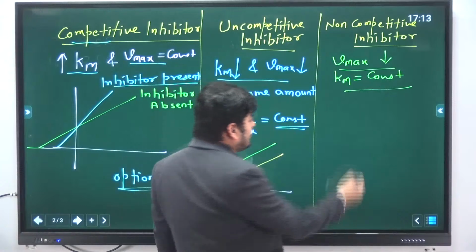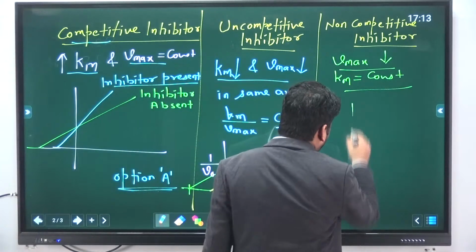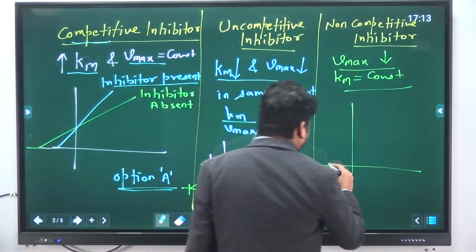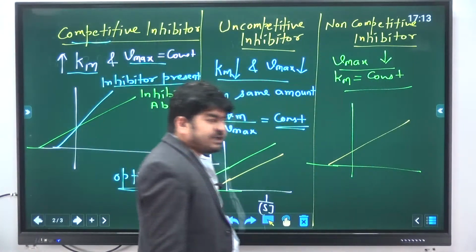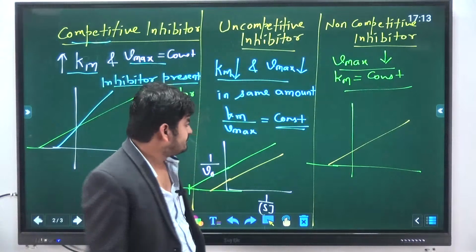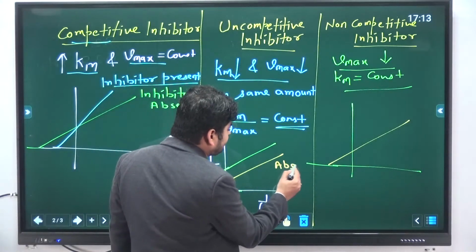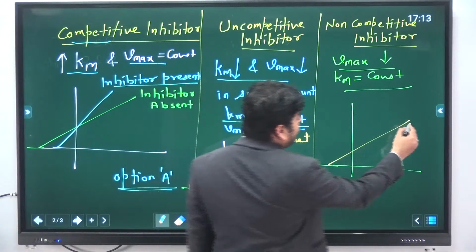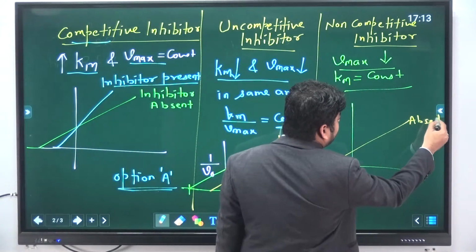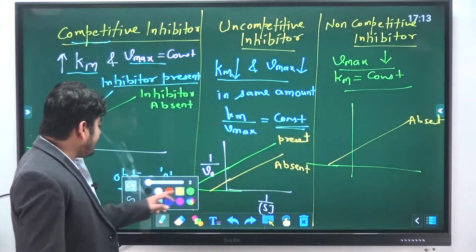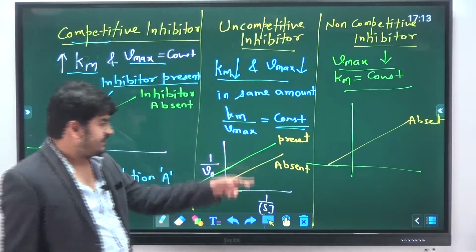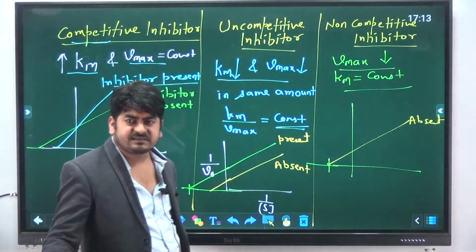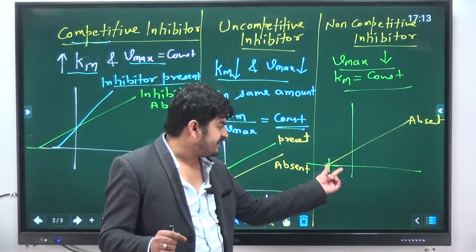So here you can see in the curve, this was the curve initially when there was no inhibitor, when it was absent, and this when it was present. So when Km remains constant, the intercept on the x-axis will remain the same.